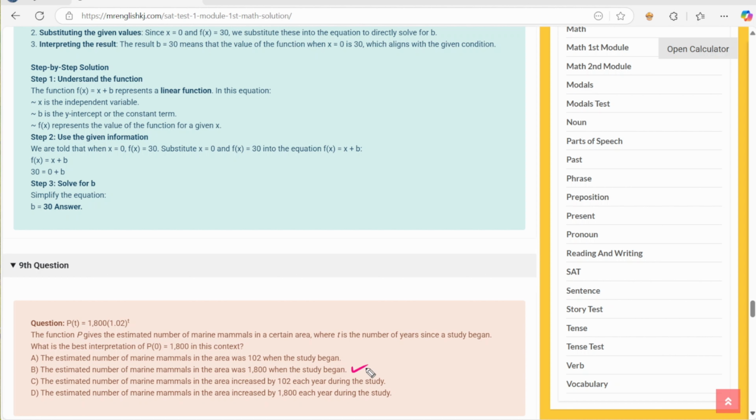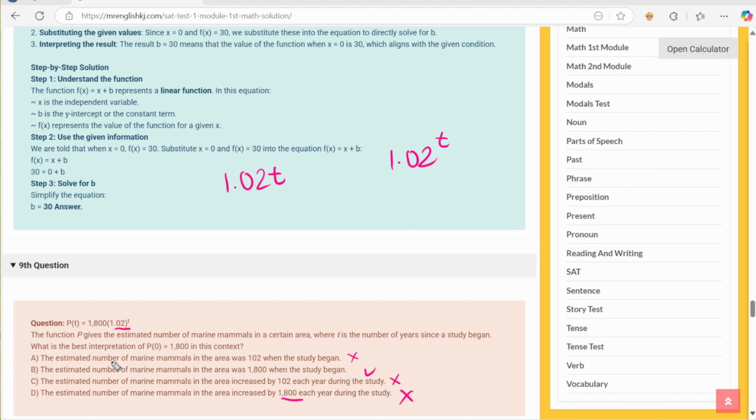Obviously, it is talking about the constant value. It is correct. Third: the estimated number of marine mammals in the area increased by 102 each year during the study. It might be possible if it was like this, but it is like this, so this one is incorrect. Fourth: the estimated number of marine mammals in the area increased by 1800 each year. Obviously it is wrong. We are not increasing it like that. We are increasing it using this.